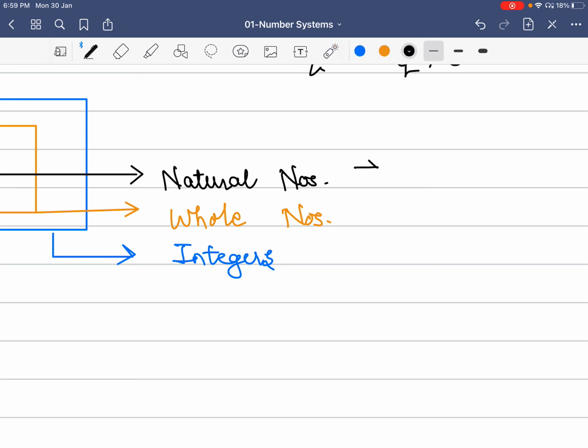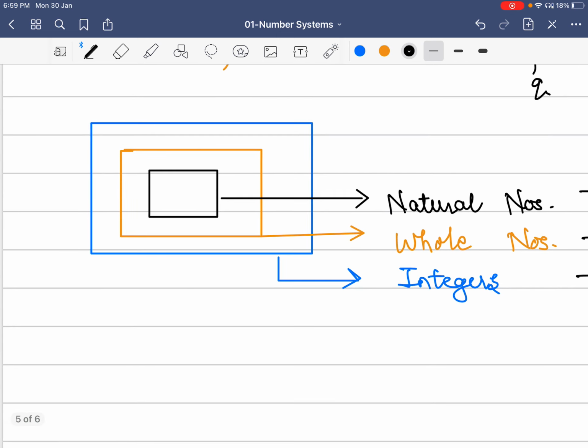Let's take a natural number 5. It can be represented in the form of P by Q if you divide it by 1. Same goes with whole numbers. Take any whole number, let's say 0. If you just write 0 divided by 1, that's a rational number. And with integers, even if you take minus 5 and write minus 5 divided by 1, that is also a rational number.